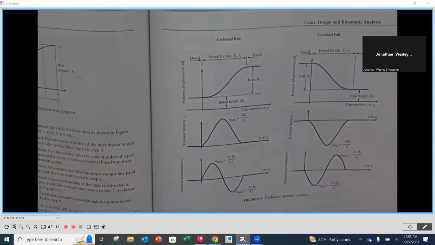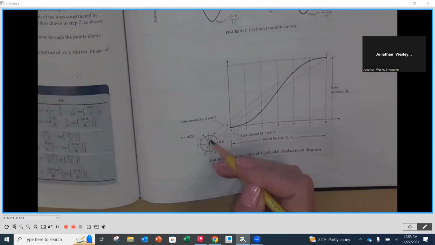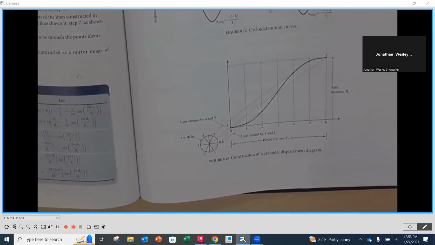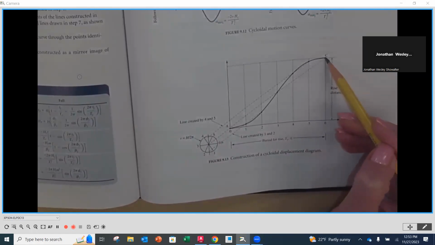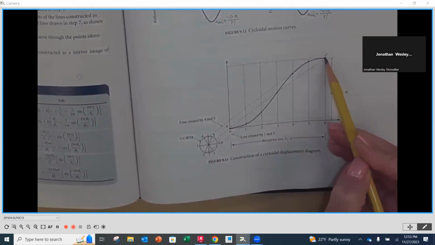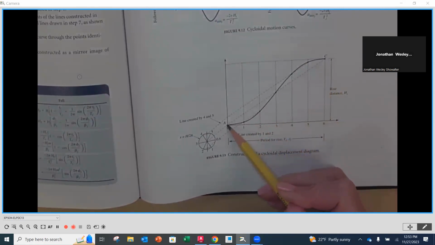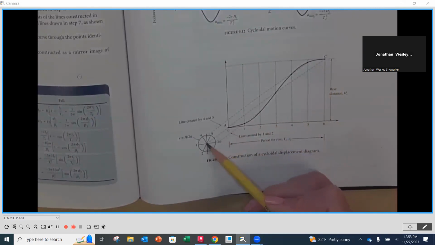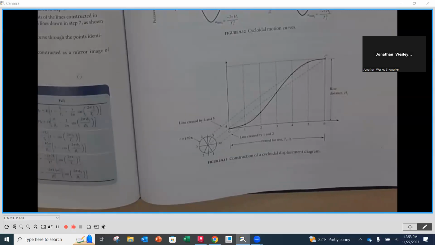Now to construct the cycloidal, here is the method that we use. This is a little bit different. We're going to start at the top of our rise along our horizontal axis, and draw the line straight down through the zero where it starts, and then extend it to what would be the center of the circle for the cycloidal motion curve.